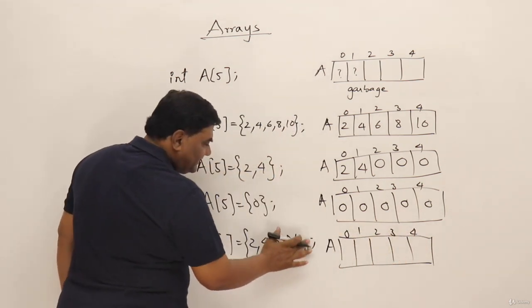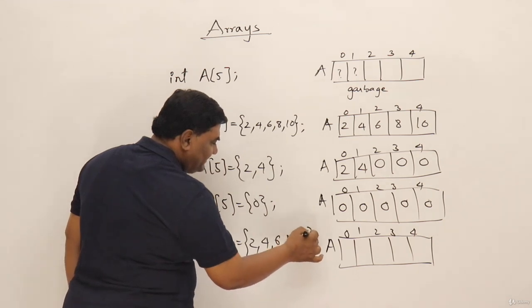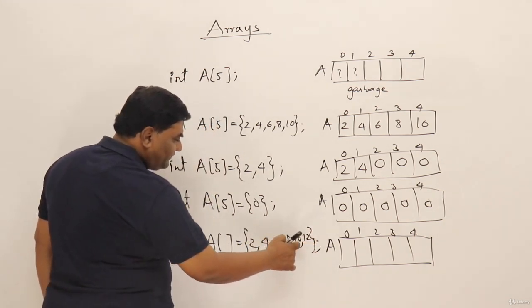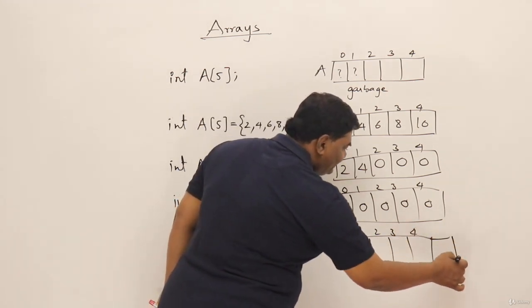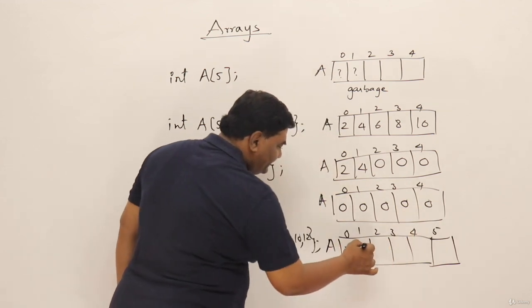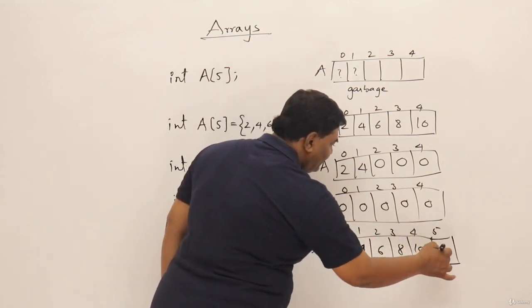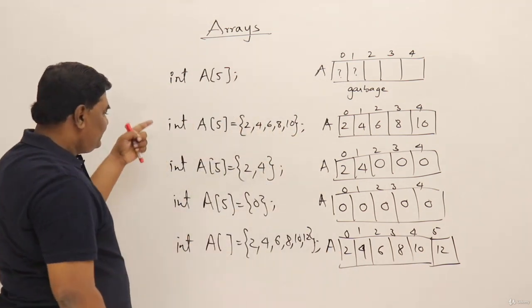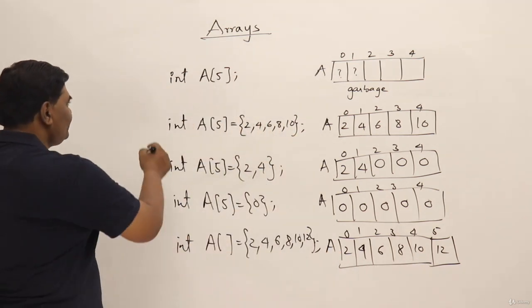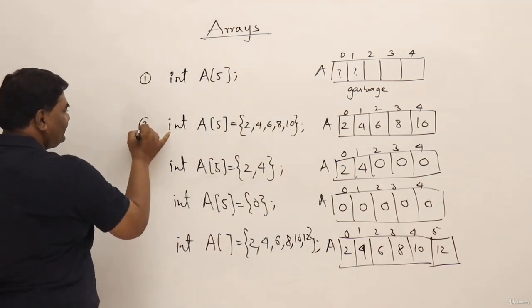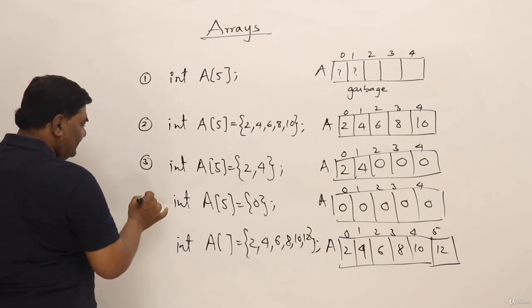So if I add one more element to this one, like let's say 12, then total size is 1, 2, 3, 4, 5, 6. So an array of size 6 will be created and this will be initialized with these elements. So these are the various ways of declaration and initialization of an array. This is there in both C as well as C++.